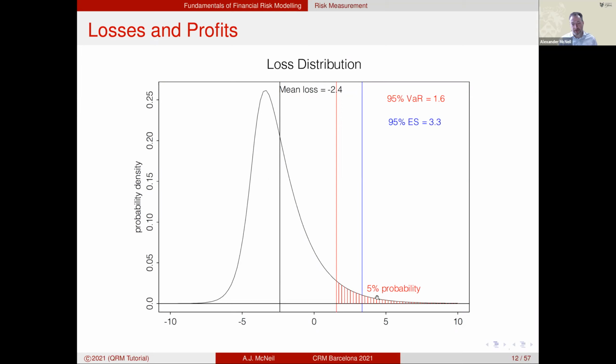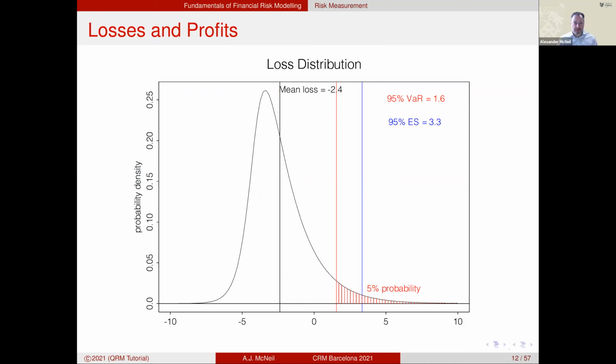So there is 5% probability beyond it. And that value on the x-axis is the 95% VaR. And the blue value, the 95% expected shortfall, is basically the expected value conditional on being in the tail. So conditional on being above the red value, what's your expected value? That is the blue value. In this case, it's double or roughly double the VaR. So that's the risk measures.